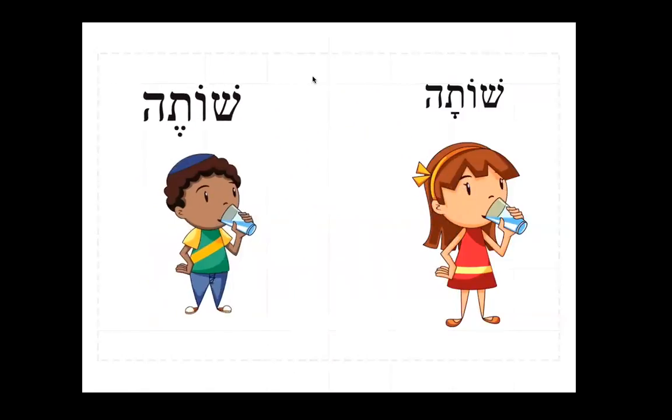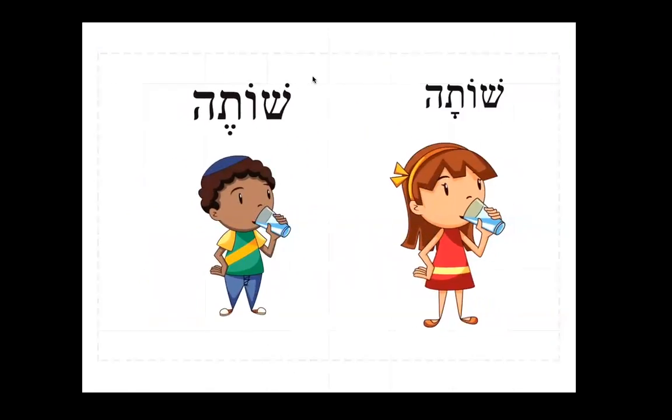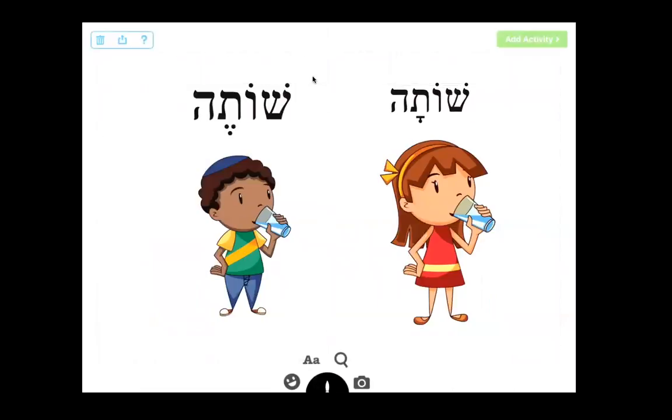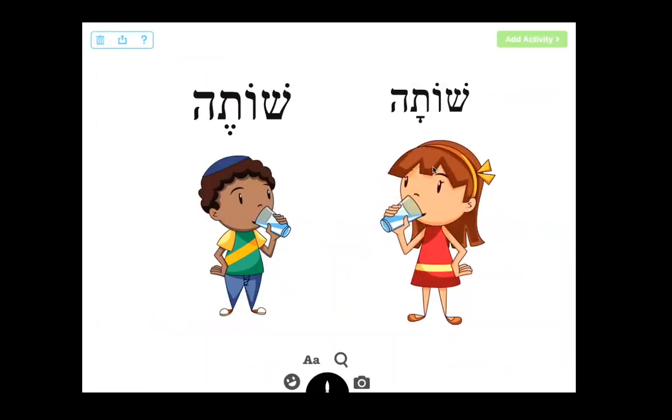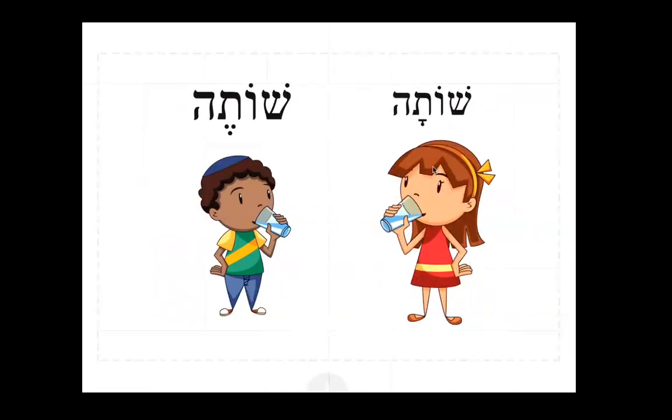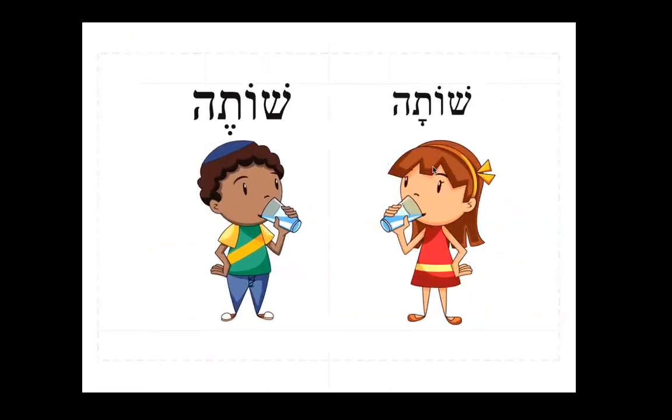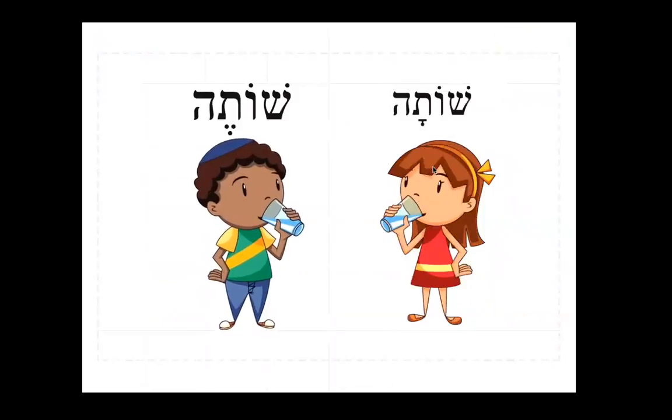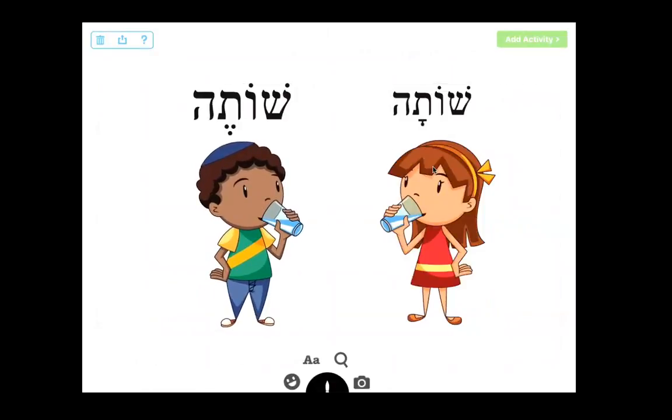I'm going to teach verbs now if I want to. If I double tap, by the way, on any image, I can flip it. So if I want them to look at each other, that's what I'll do. I'll make them slightly longer. Okay. And I'm going to tap here now on Add Activity.